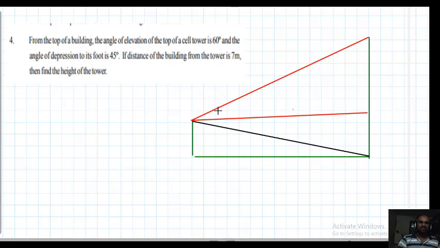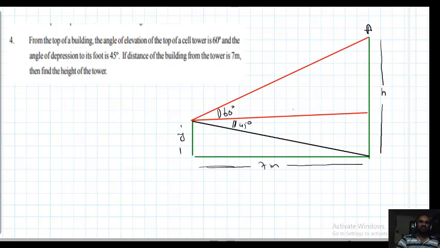So I want to write what is given. This is 60 degrees. This is 45 degrees. This is 7 meters. The height of the building is not mentioned, I think. Not given. Let the height of the building be y. So this is taken as h.